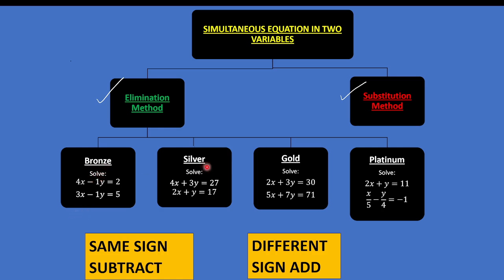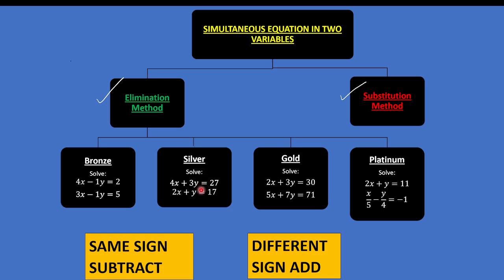Now after that we will see silver. In the silver category we get to see a multiple of the term. See here in equation number 1, the y term is 3y. In equation number 2, my y term is a single y. So now if you focus, you will understand that this 3y is a multiple of y.